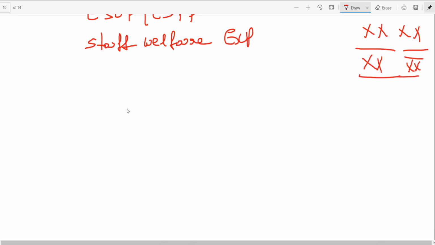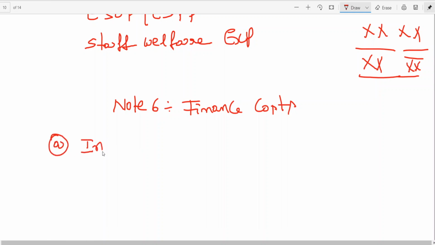The next one, note number 6, finance cost. In this, A, interest expense.